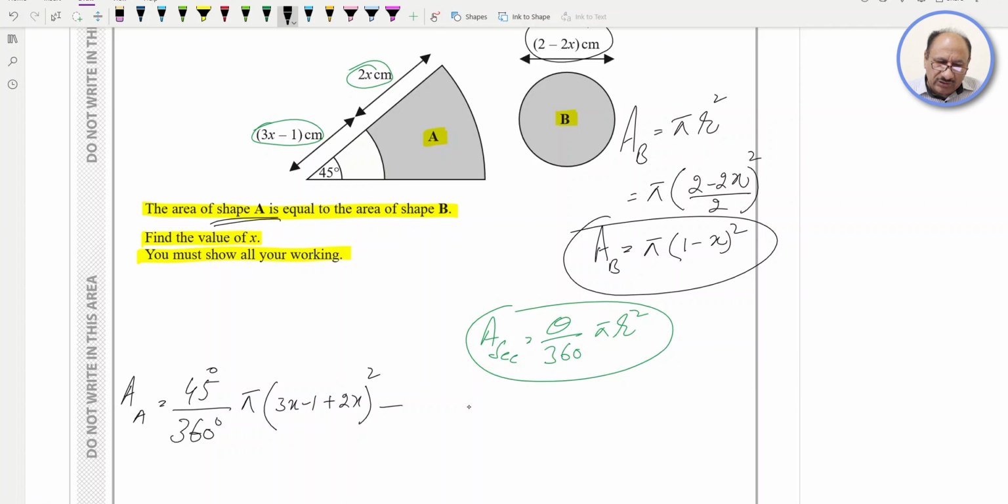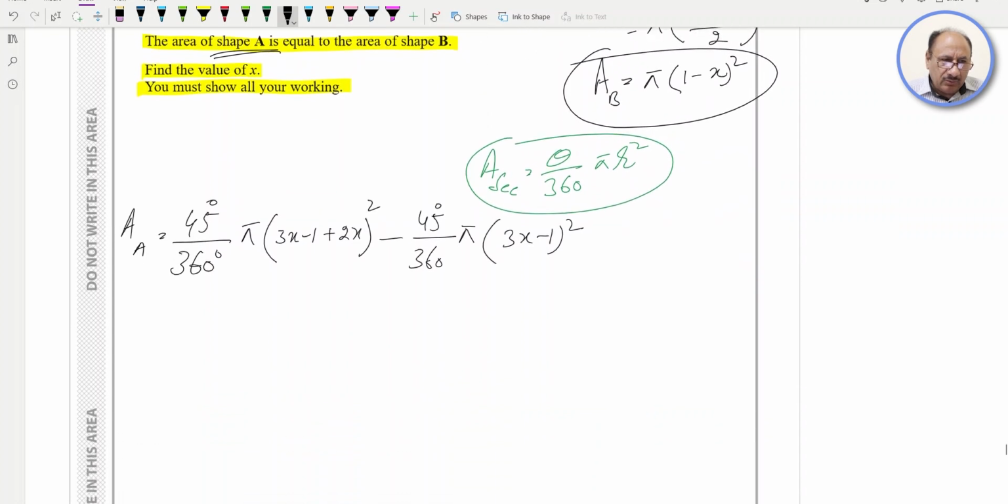Minus, we need to subtract the white portion, so that will be the area of the smaller sector. That will be 45 degrees divided by 360, and pi and r squared, where r will be 3x minus 1, and this will be squared. And we will be solving this one.